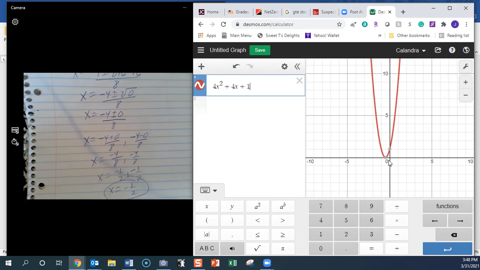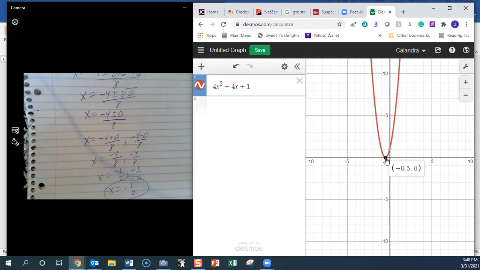And then when we graph here, if we notice here, we have our x-intercept is negative 0.50, and we know that's negative 1/2. So we proved that it's only one solution here, and we're done with that problem.